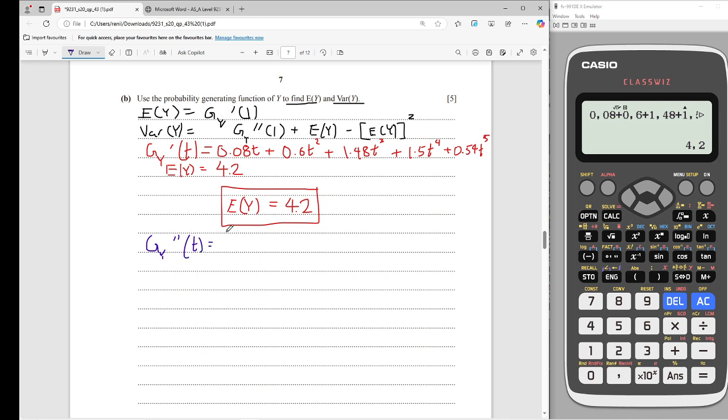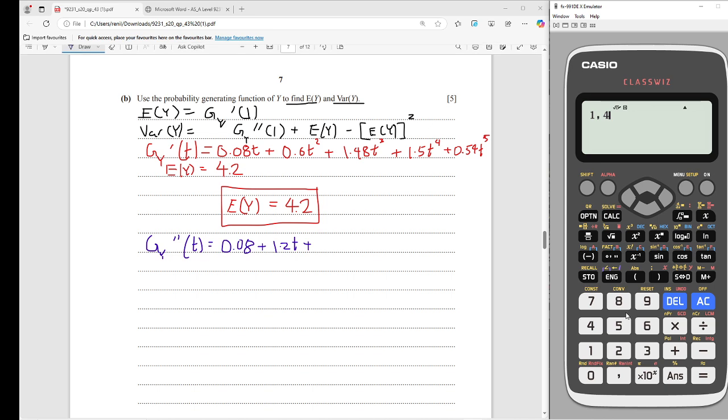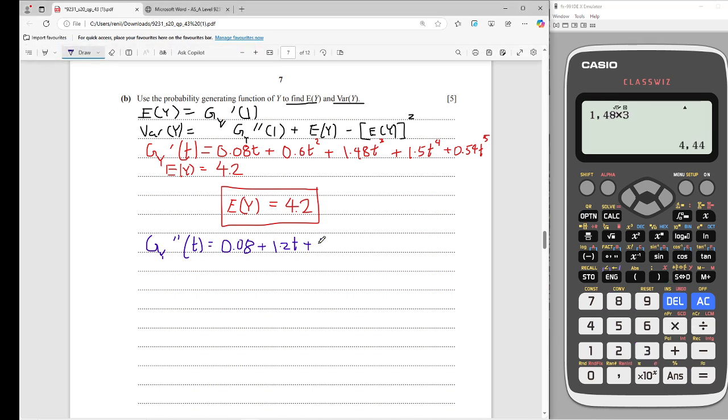That's going to be 0.08 itself, no t, plus 0.6 times 2, which is 1.2t, plus 1.48 times 3, that's going to be 4.44. Moving on, we have 1.5 t to power 4. Differentiate that, it's going to be 6t to power 3.